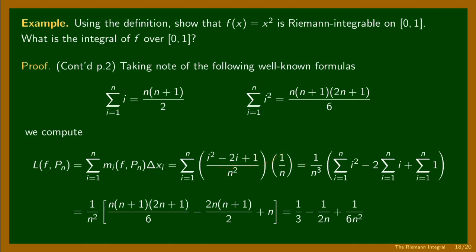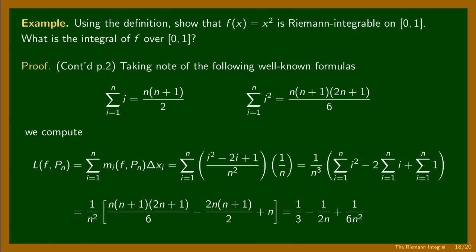Tapos, using the properties of summation, summation of i squared, dito galing yun. Yung 2 summation of i, dito galing yun. Summation ng 1, dito galing yun. Now, evaluating these summations using these formulas, ito yun. Tapos yung sum ng mga 1, i from 1 to n, nauulit si 1 ng n times, kaya ito ay n. Then using algebra, you can simplify it as follows.